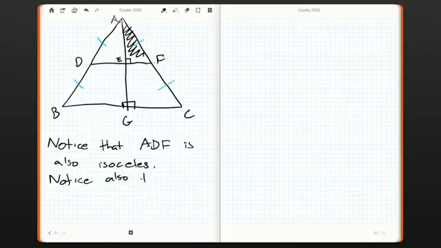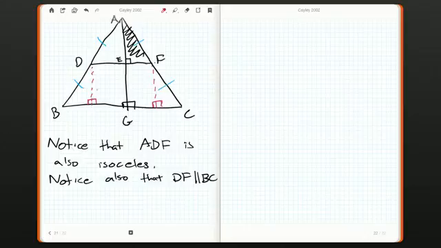Notice also that DF is parallel to BC. Why? Well, if we drop these perpendiculars down here, we're going to get the same height.